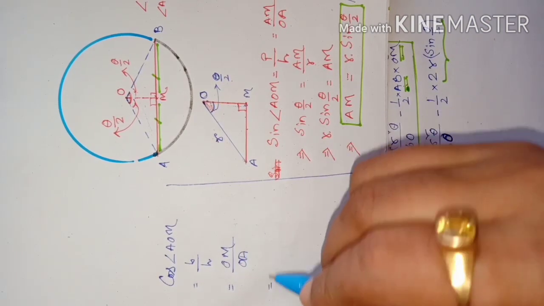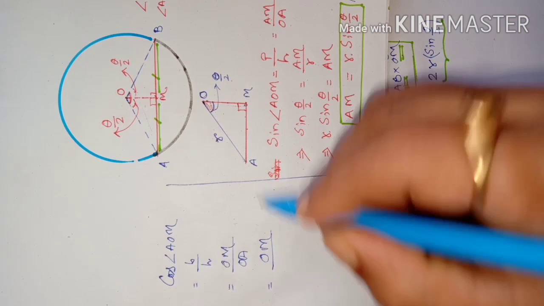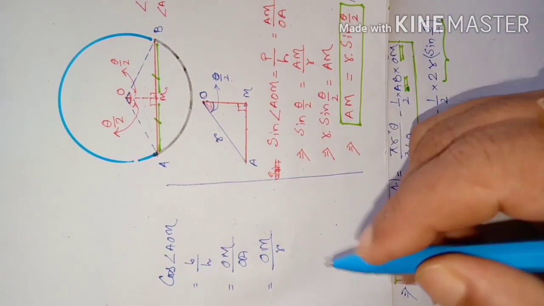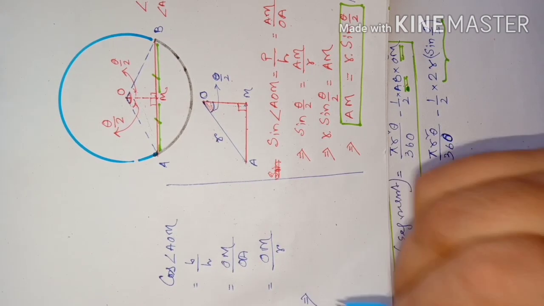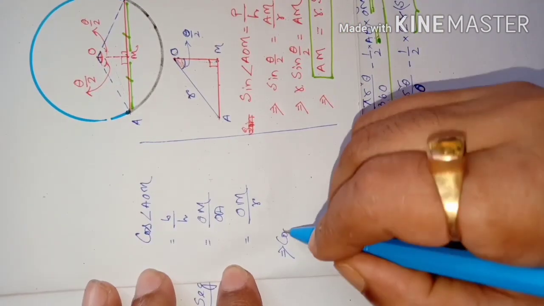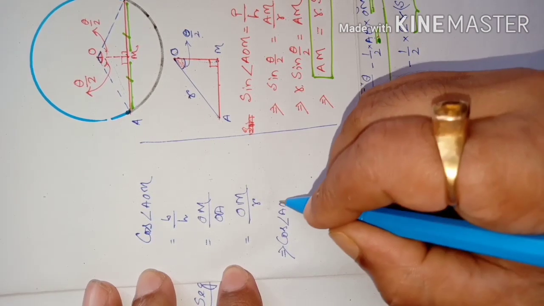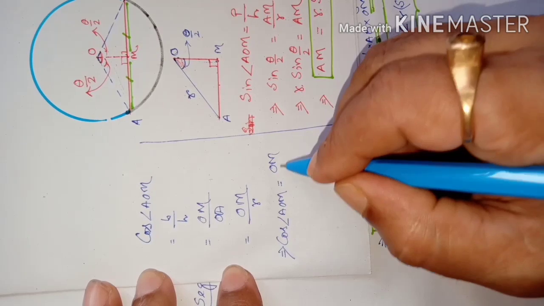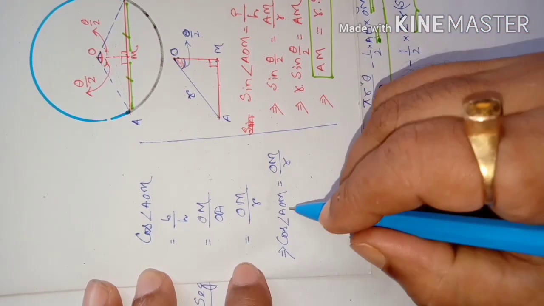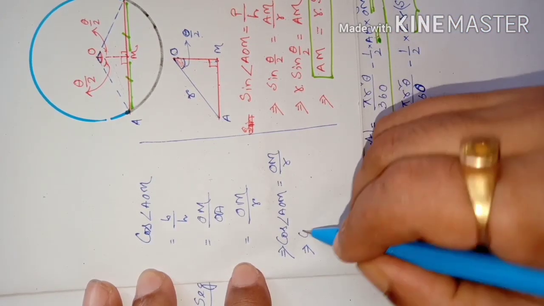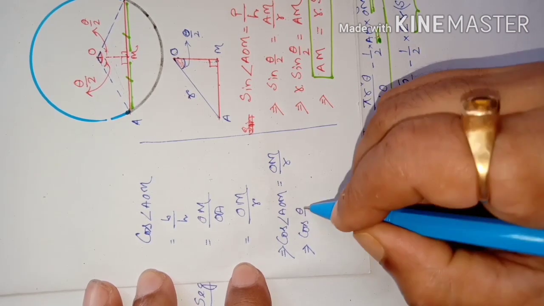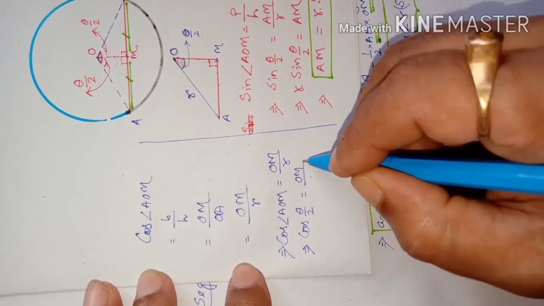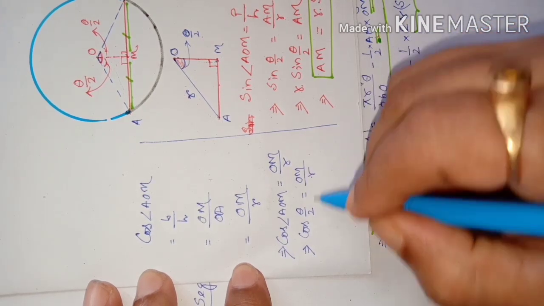And as you know, OA is nothing but radius R. R you write here. So what you got? Lastly, cos of angle AOM is equal to OM by R. AOM is what? Theta by 2. Cos of angle theta by 2 is equal to OM by R. This R you transpose to the left hand side.